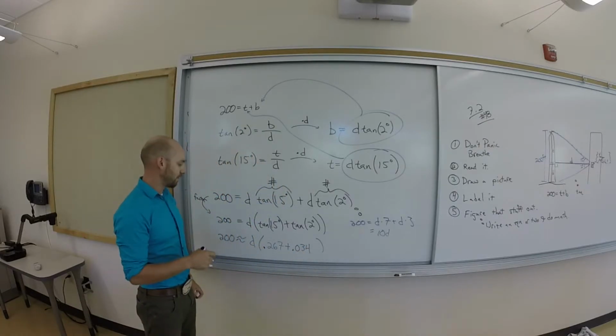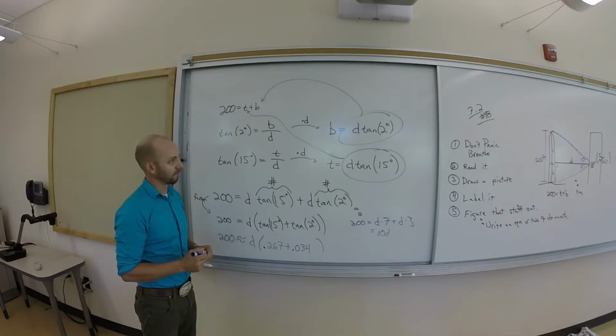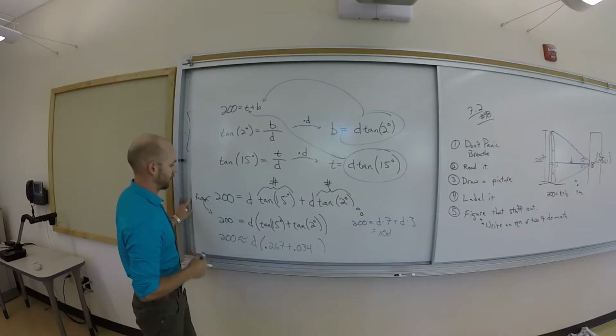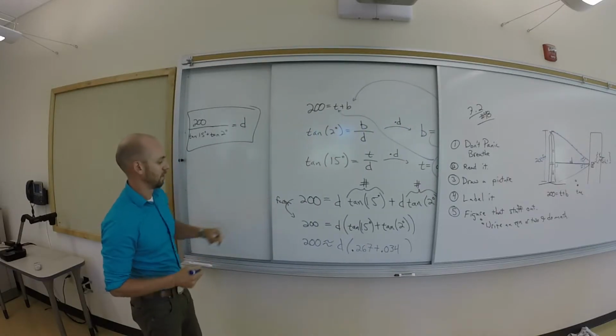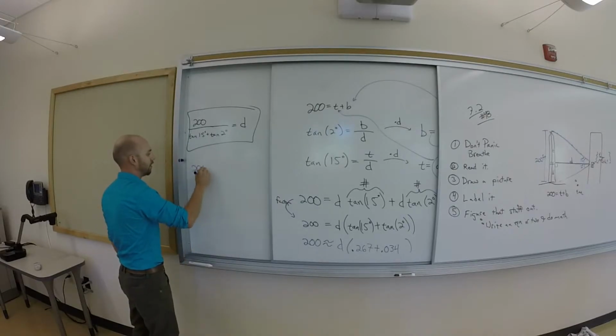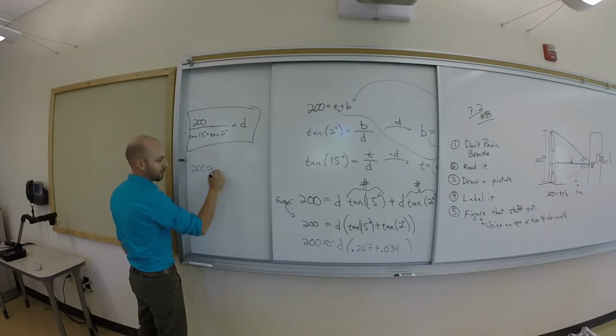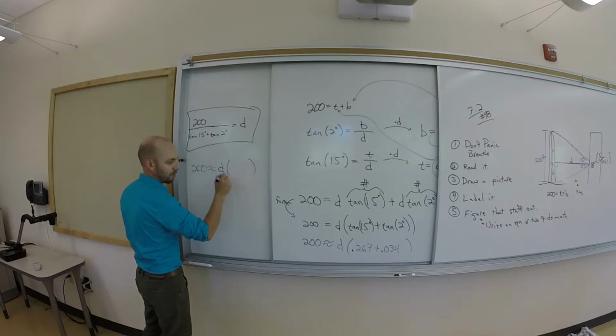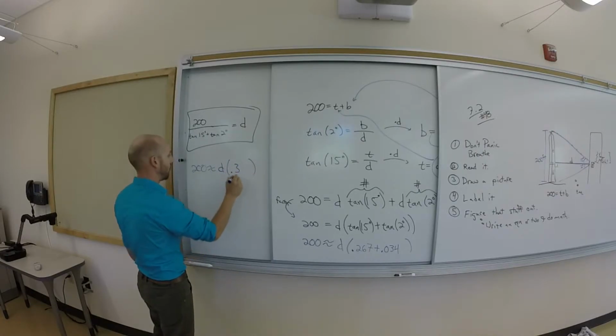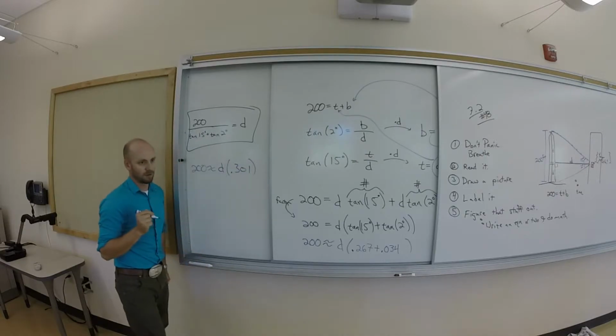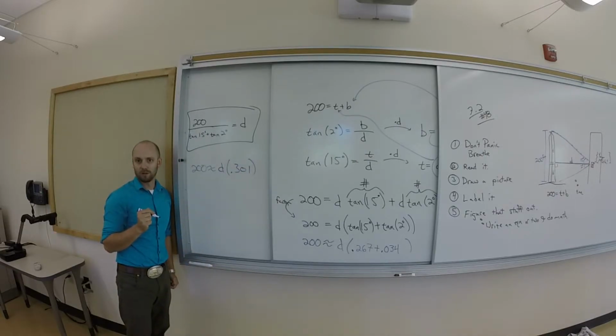Okay, so if I add those together, what do I get? 0.302. So I got 200 is approximately D times 0.301, I think. Cool.